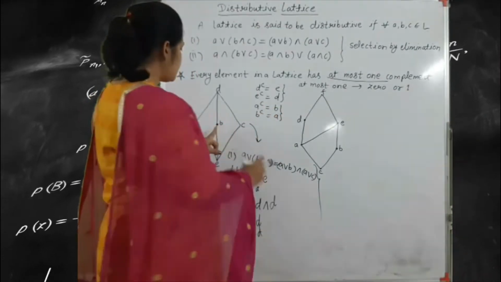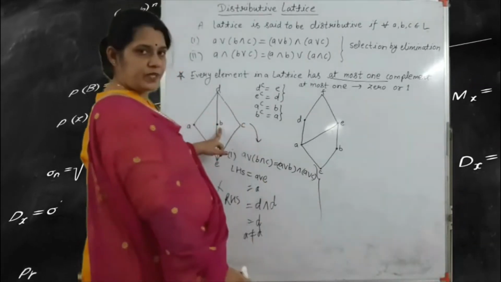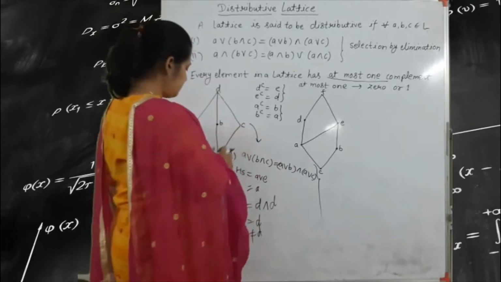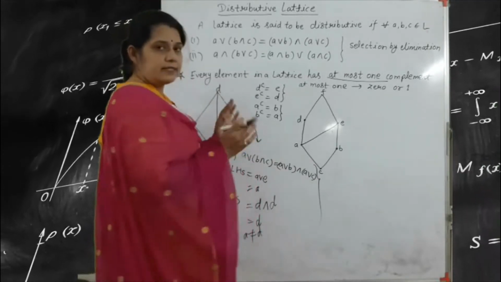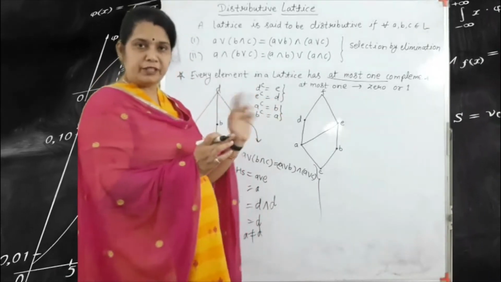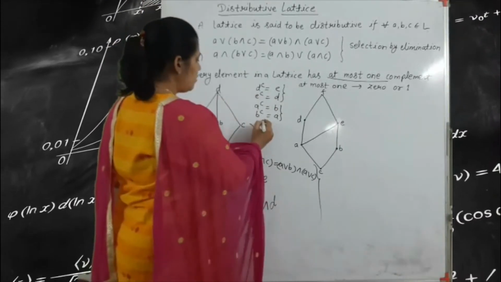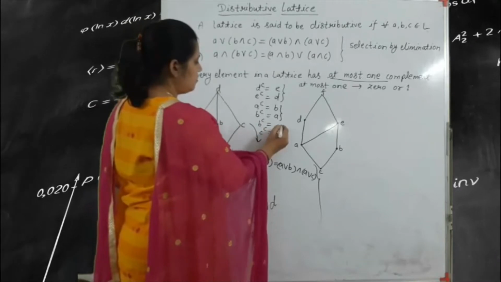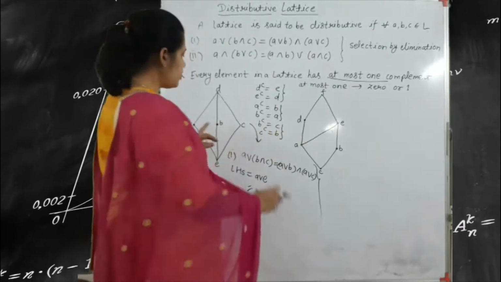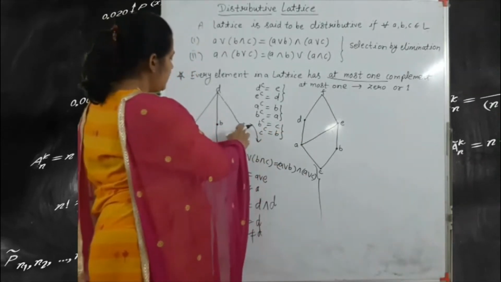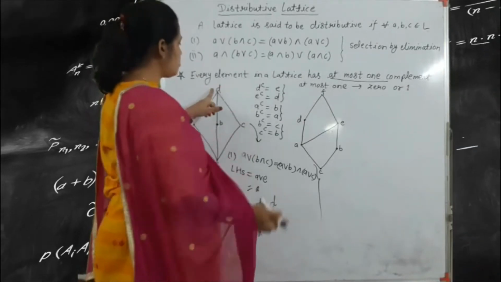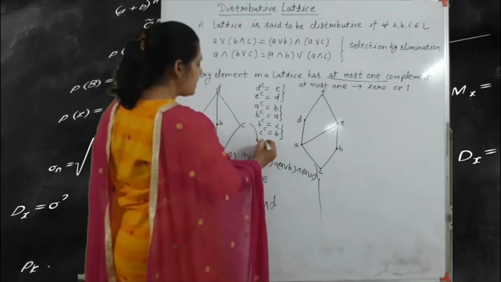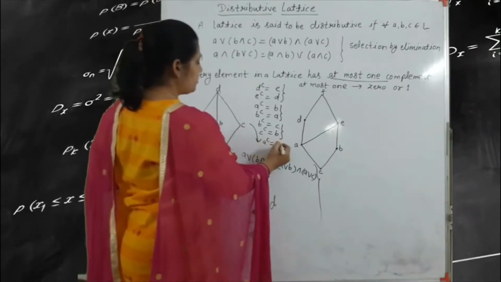Got it? If we consider B and C, the first join is D and the first meet is E. So B and C are again the complement of each other. So B complement is C and the complement of C is equal to B. Okay, if we consider A and C, the first join is D and the first meet is E. So again A and C are the complement of each other.